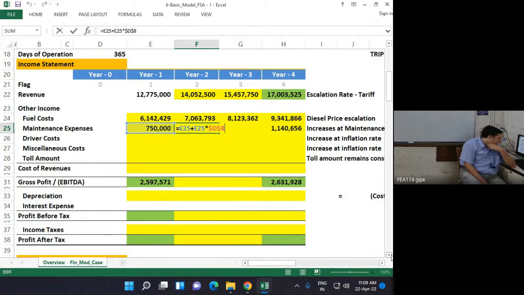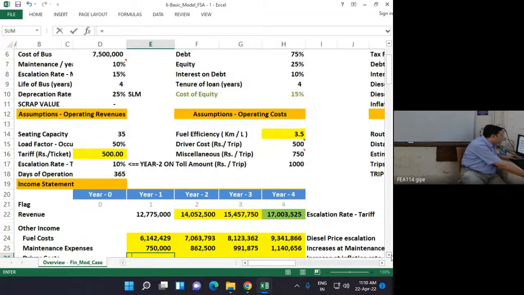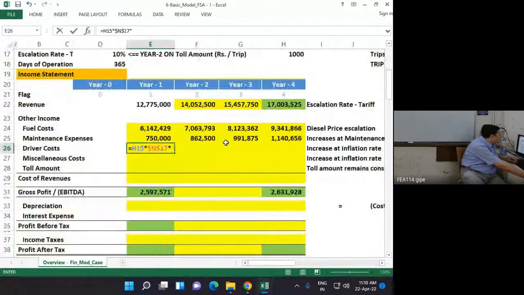Correct. And remain constant. Yes, it will remain the same. Driver cost: 500 per trip into number of trips into number of days.